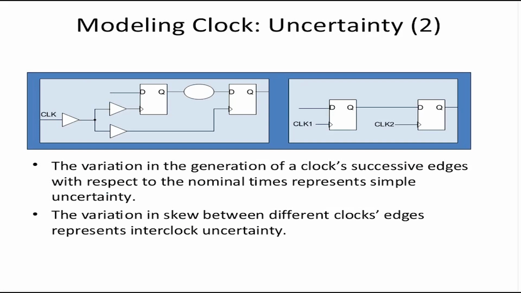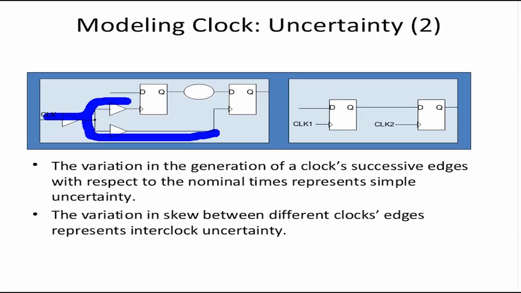The variation in the generation of clock successive edges with respect to nominal times represents the simple uncertainty. The figure on the left hand side represents the clock tree. This type of structure where you have buffer trees represents the variation in the clock.